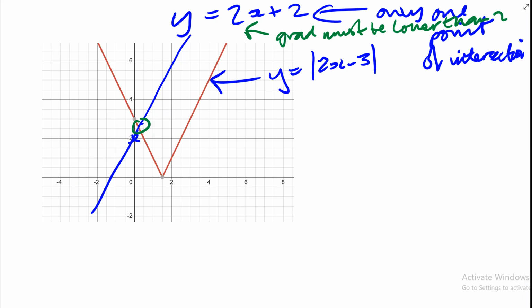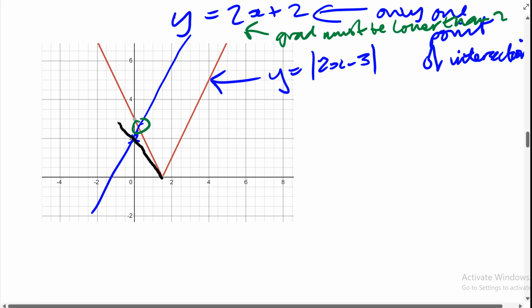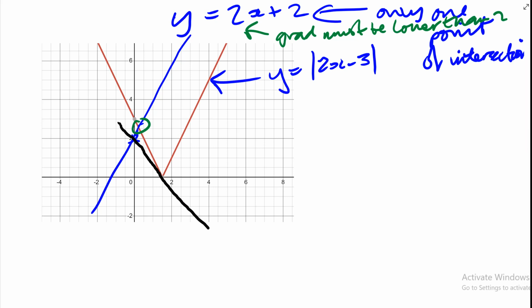But also we can't go too low, otherwise the line would go below. So if the gradient is too low, negative, it will go below that point there. Okay, so let's say the graph looks like this.